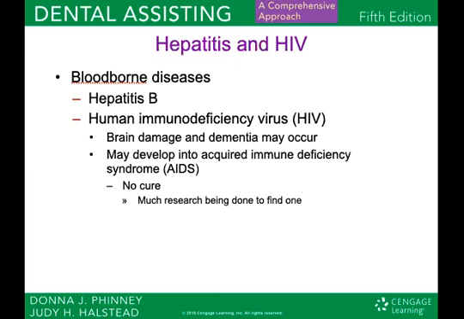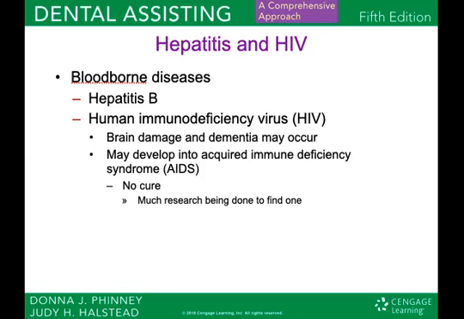Hepatitis and HIV are bloodborne diseases. Hepatitis B specifically is a blood-borne disease, and we'll go over what hepatitis A and C are. And then also HIV, which is the human immunodeficiency virus. People in late stages of HIV can develop brain damage, and dementia can occur.